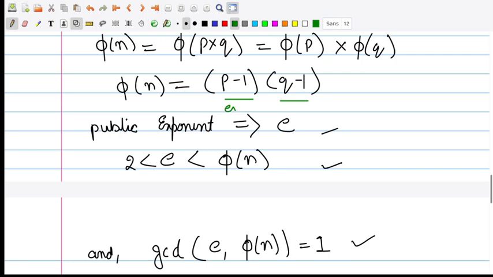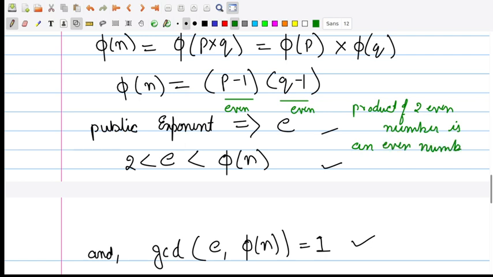This will become an even number, isn't it? And this also will become an even number. And the product of two even numbers is an even number, right?